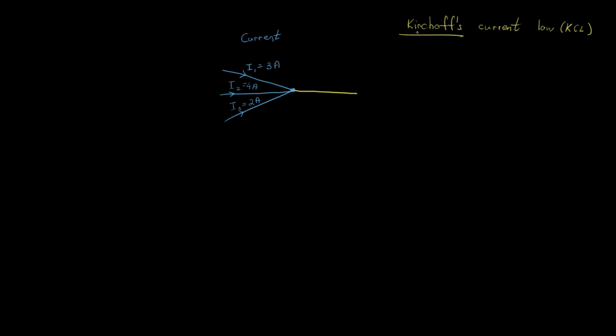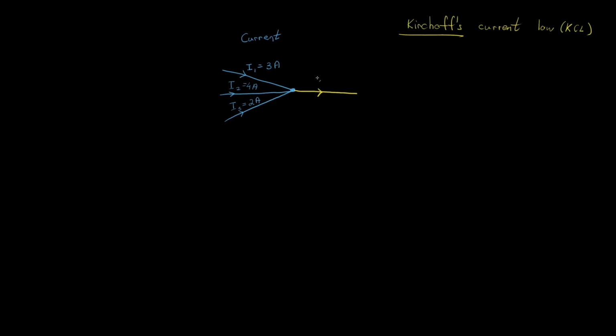Anyway, what this law says is that the currents coming into the junction, their sum must be equal to the current going out of the junction, or the sum of currents going out of the junction.